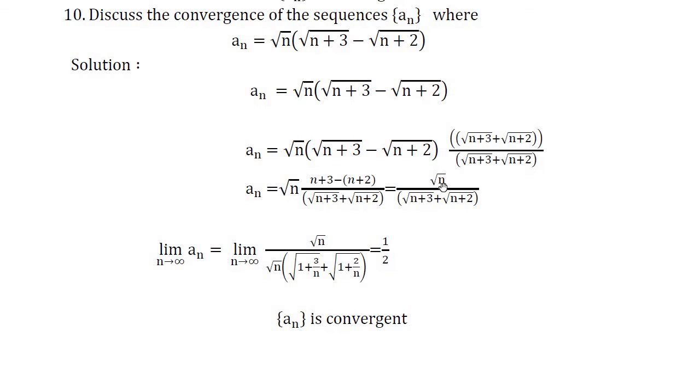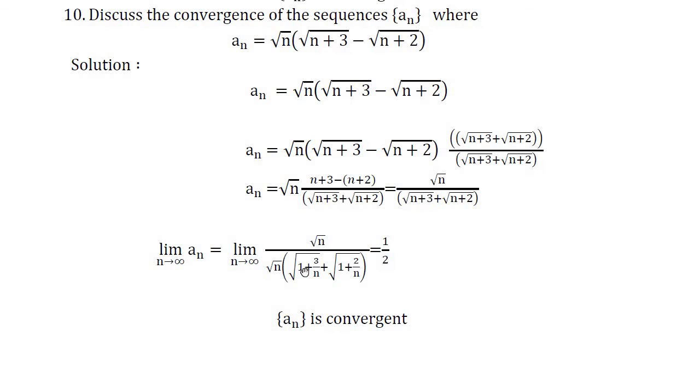1 into root n is root n divided by denominator, which is root of n plus 3 plus root of n plus 2. Now in denominator take root n common factor and apply the limits. We get limit of root n divided by root n into (root of 1 plus 3 by n plus root of 1 plus 2 by n) as n tends to infinity.